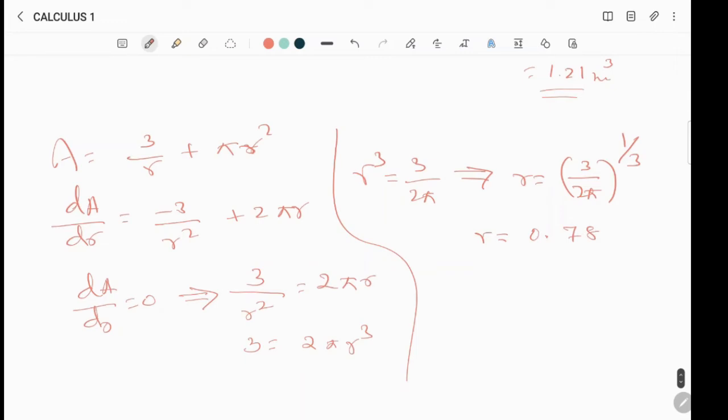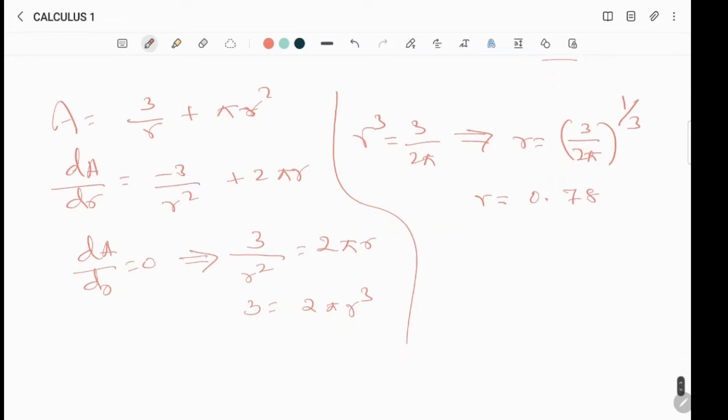Okay. Now we have to check whether we will get maximum or minimum. So we have to differentiate this again. d2A over dr square, so minus 3 r to the power minus 2.